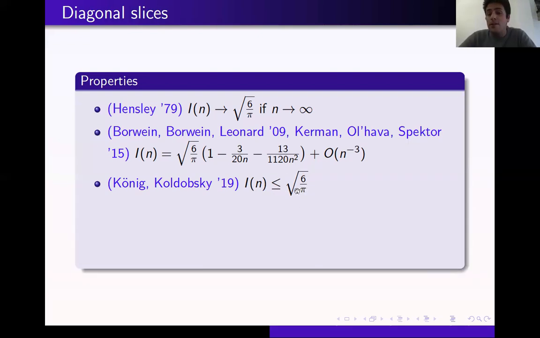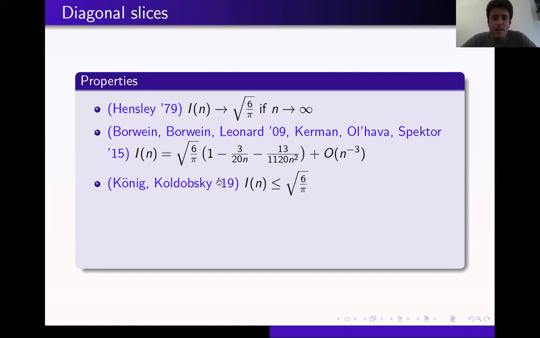This was not known before. So √6/pi is the limit of the sequence, and you could imagine the sequence doing some wave, because of the property I mentioned on the parity of n, but no, not really. It is upper bounded by the limit.